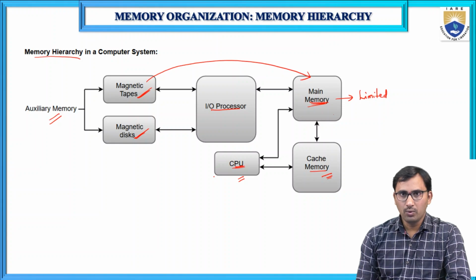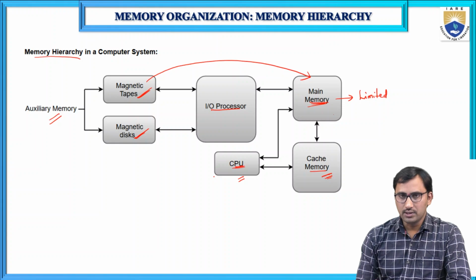When the data is searched in the main memory and it is available, it is sent to the CPU. Along with the data, one copy of the same data is transferred to the cache memory.